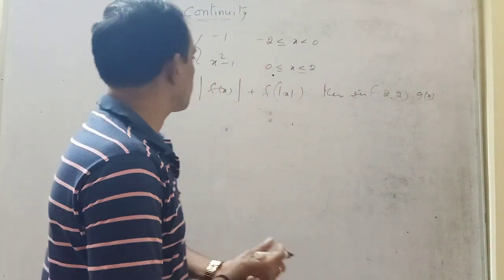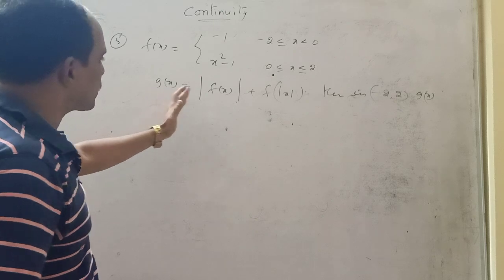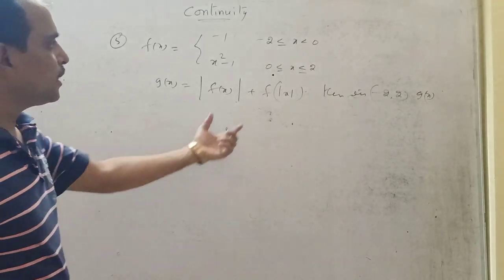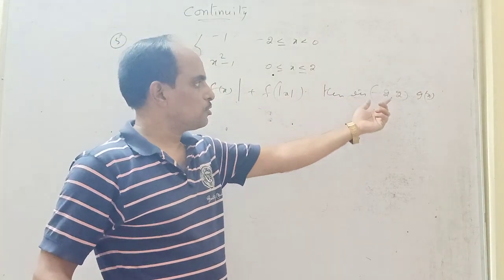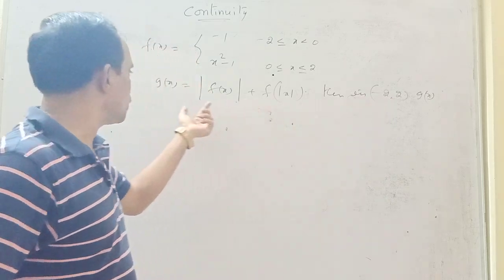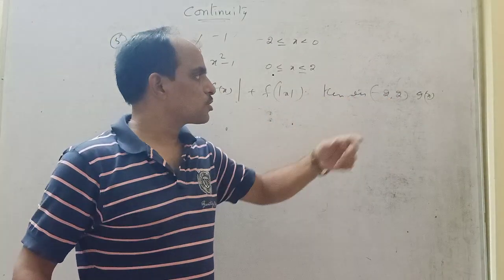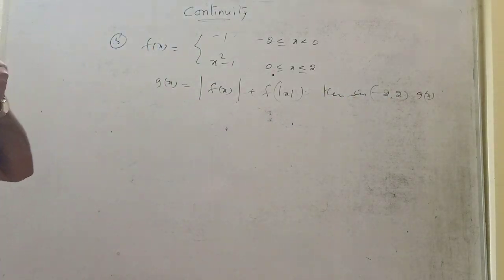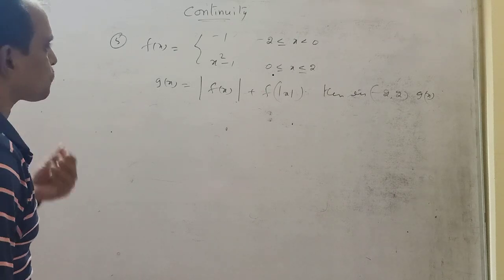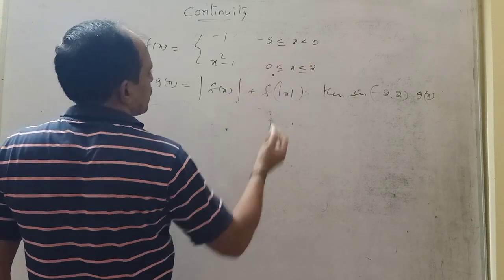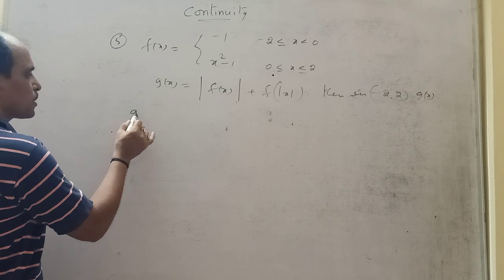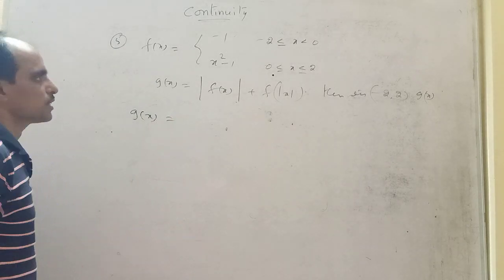First you verify the continuity. You see g of x is the modulus of f of x, with limits in between minus 2 to 2. Let us take minus 2 to 0, g of x. What about g of x?